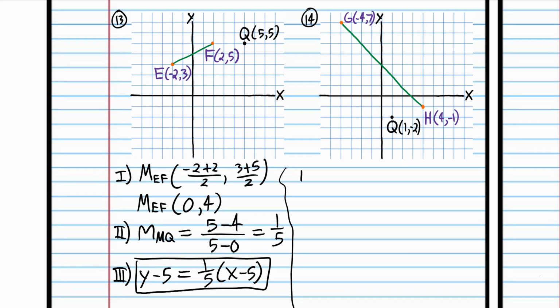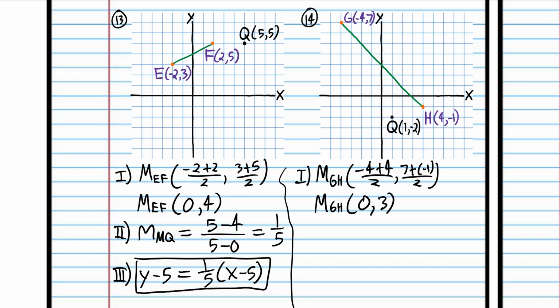All right, we're back. So we're going to find the midpoint of GH. So we have negative 4 plus 4 over 2, and 7 plus negative 1 over 2, and that equals 0, 3.